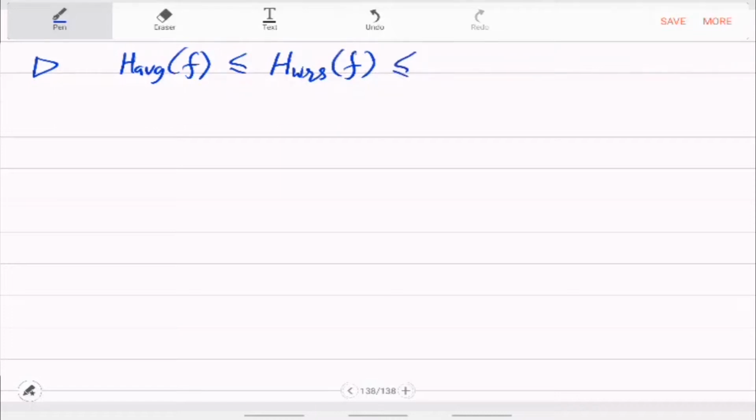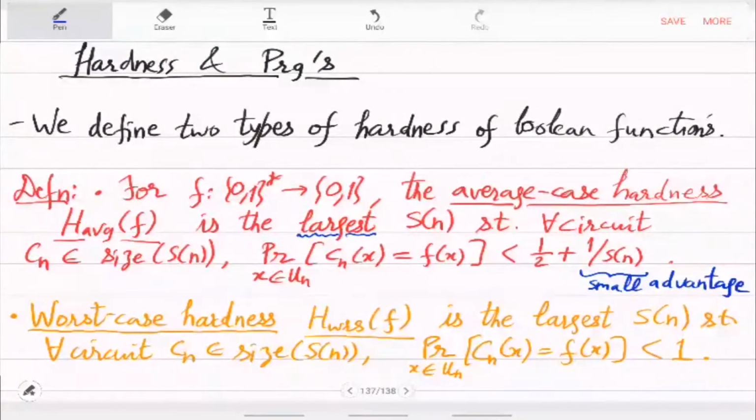Okay, so you can write the relationship quite easily amongst these two notions. The average case hardness is at most worst case hardness, which is at most... Note that this random choice already gives you half.